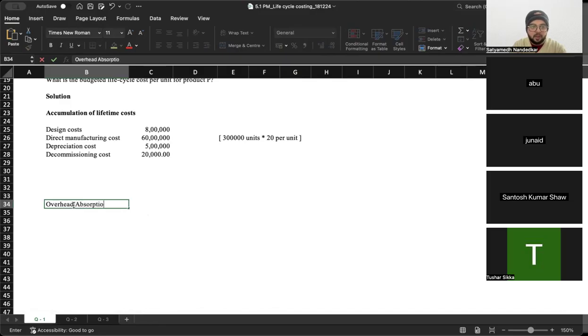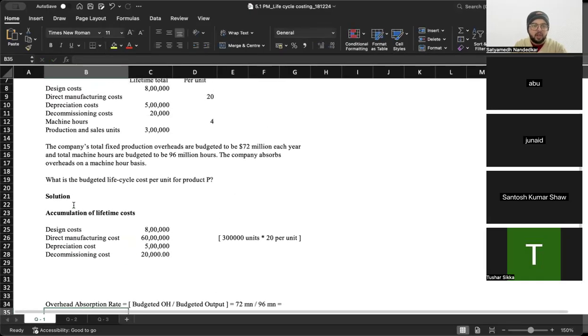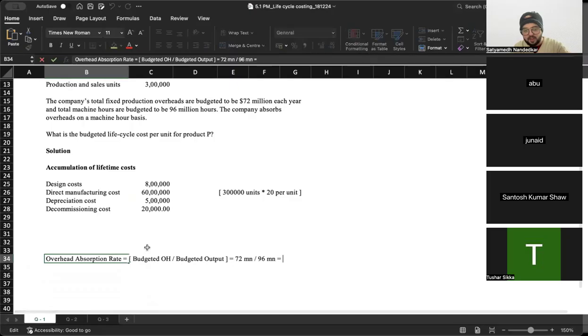So the first thing that you should do is calculate the overhead absorption rate. It is budgeted overheads upon budgeted machine hours, 72 million upon 96 million, right? Budgeted output, or sorry, budgeted machine hours should be here.